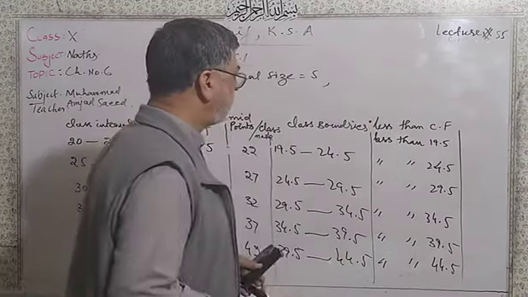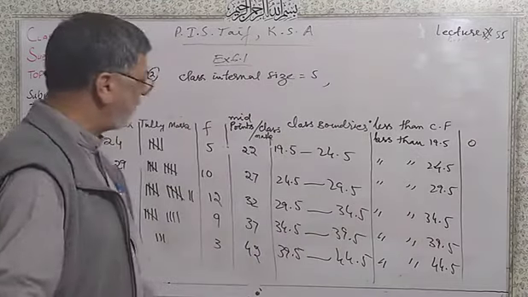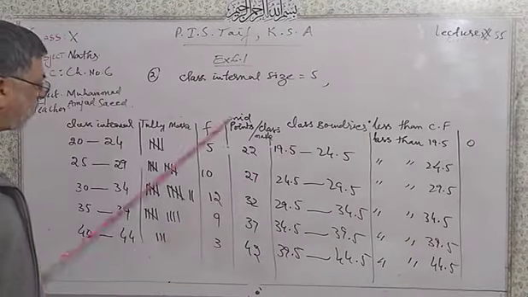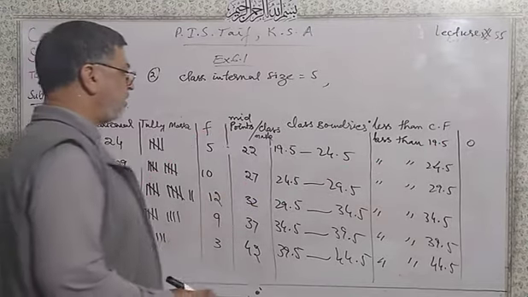Dear students, less than 19.5 is 0 because the lowest value is 19.5. Before that, definitely its frequency is 0.